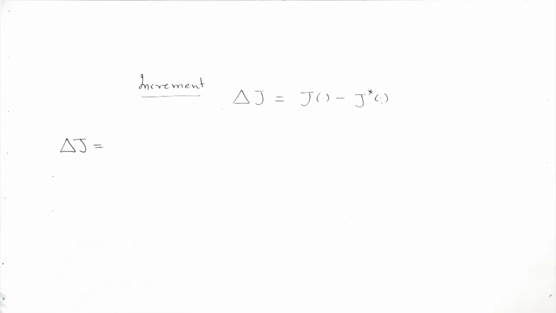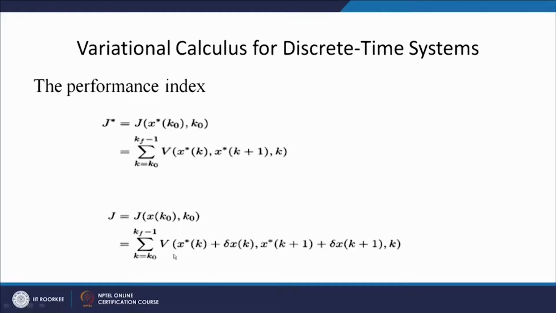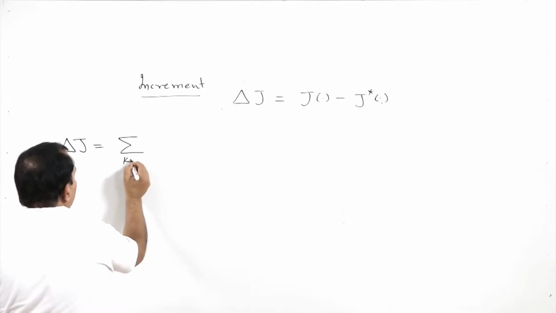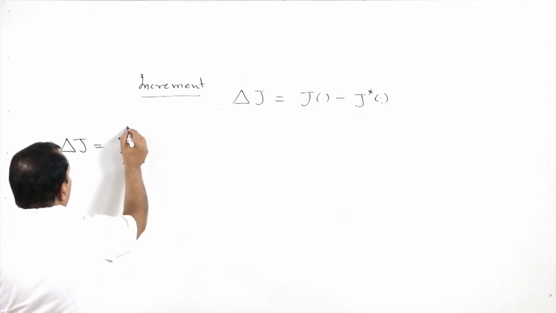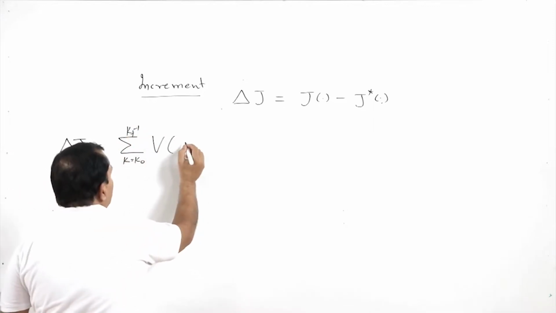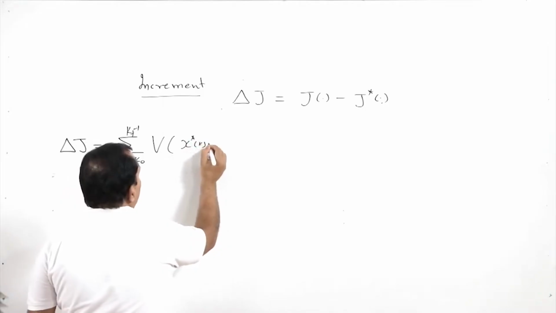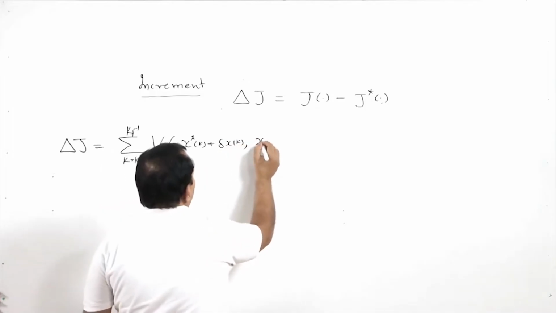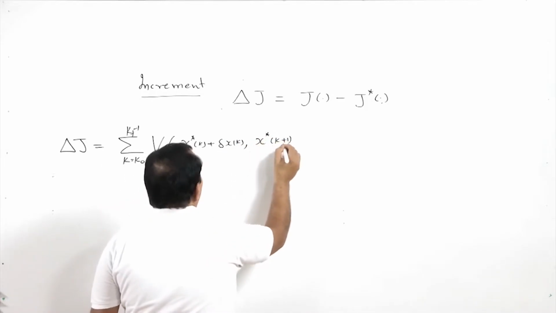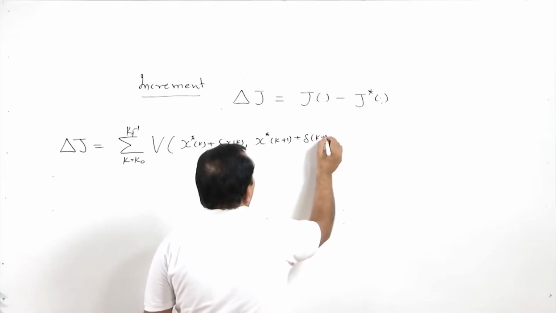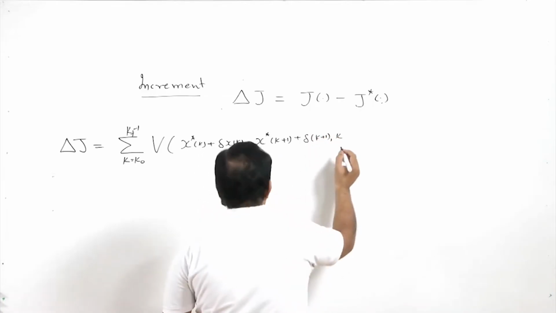What is my j? My j is sigma of v of x star of k plus delta x k, k0 to kf minus 1 we are finding, and this is v of x star of k plus 1 plus delta x of k plus 1, k.